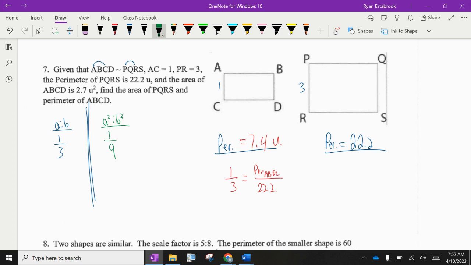If the area of the small one is given to be 2.7, and we're trying to find the area of the big one, here's my proportion. 1 over 9 equals 2.7 over the area of the unknown. Cross multiply, solve for this one. And our area for the big one, what is that product? 24.3. That would be in units squared.